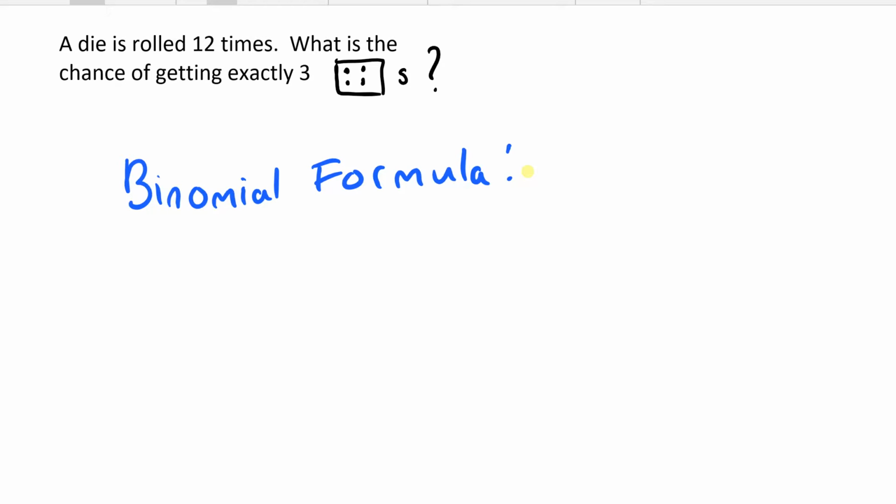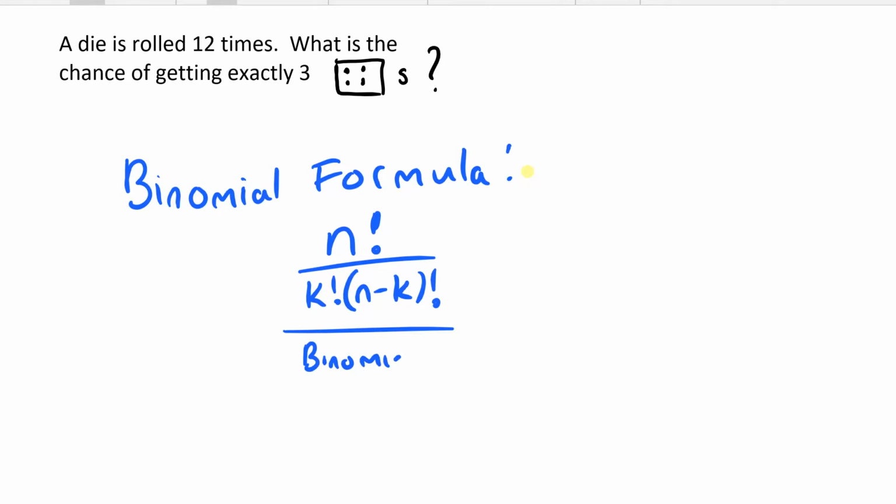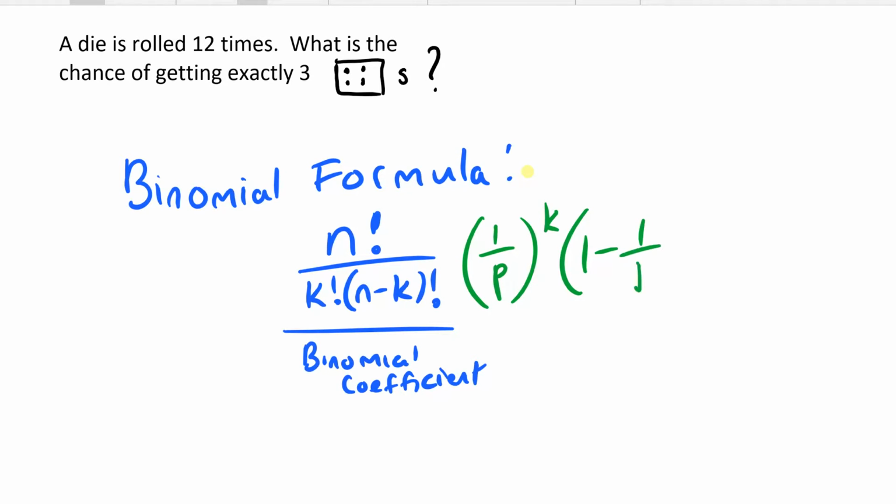It is the binomial coefficient, which is n factorial over k factorial times n minus k factorial, times p to the k times 1 minus p to the n minus k.